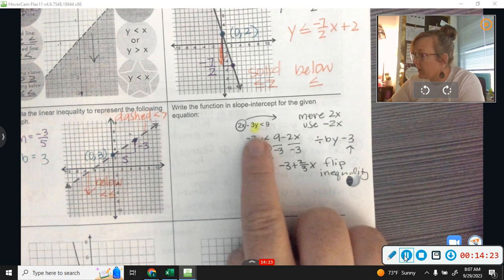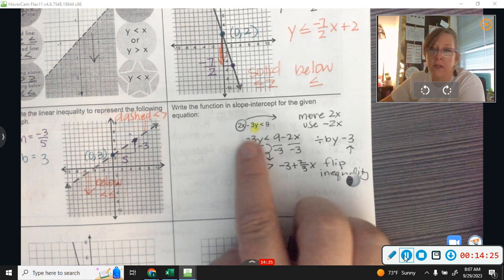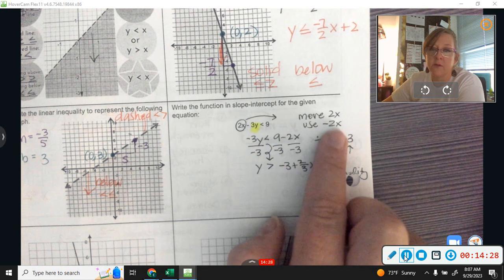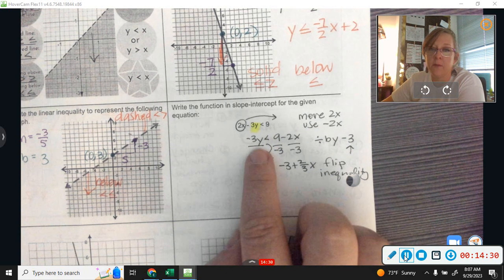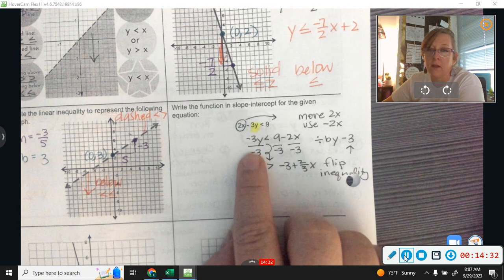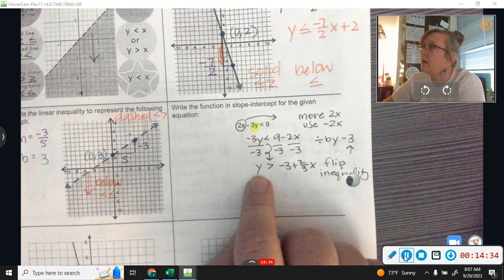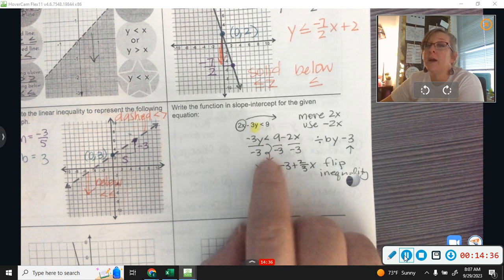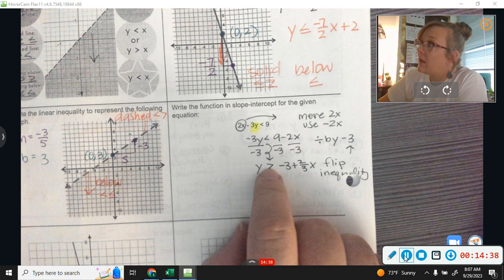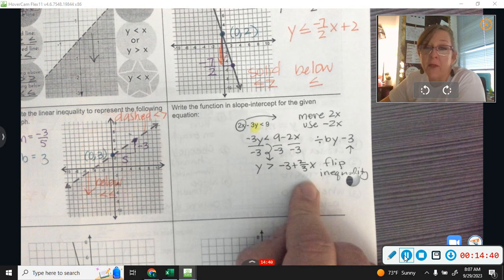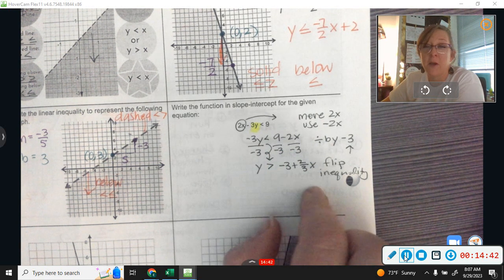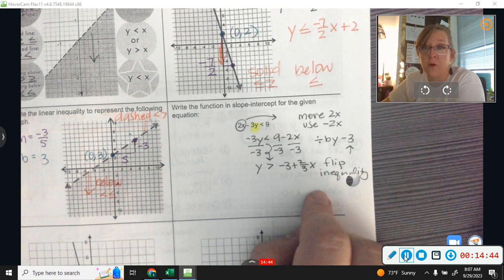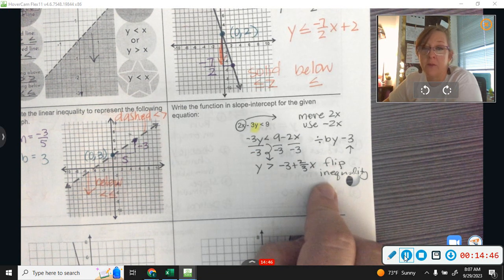Remember that we use the opposite to move the 2x, so it'd be minus the 2x, and then we'd be dividing by the -3, because that's the coefficient of y, and we want y alone. But when you divide by a negative with an inequality, you have to remember to flip that inequality symbol. I just wanted to make sure I mentioned that's super important, that we make sure we flip that inequality symbol.